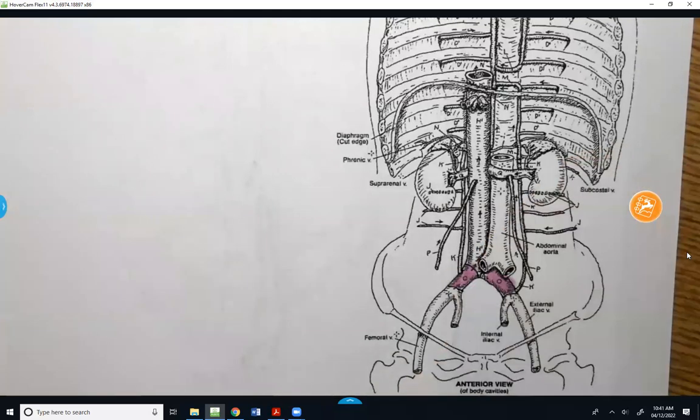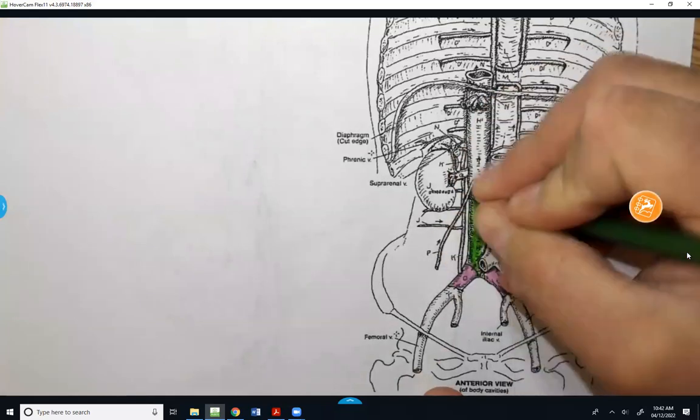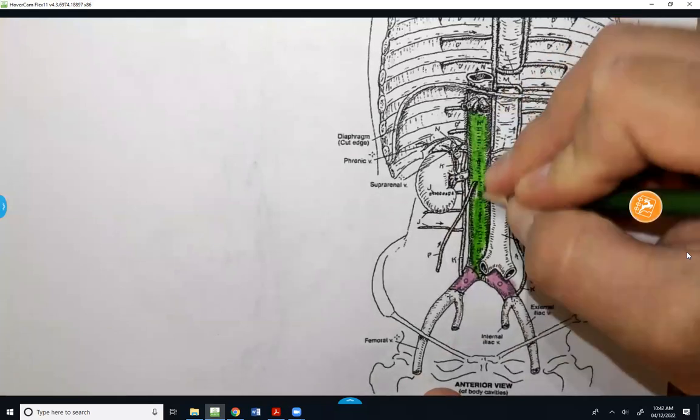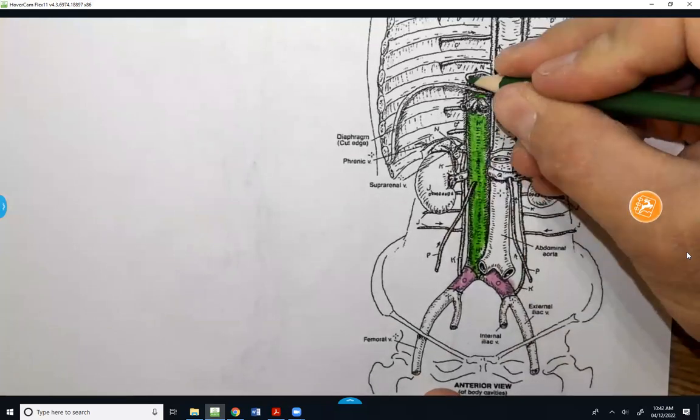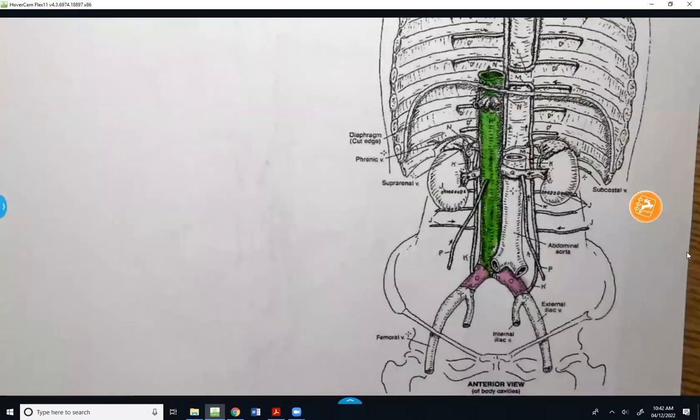Those converge and drain the blood into this really big inferior vena cava, which we saw in our last lecture. All right, so nothing too crazy, hopefully anyway.